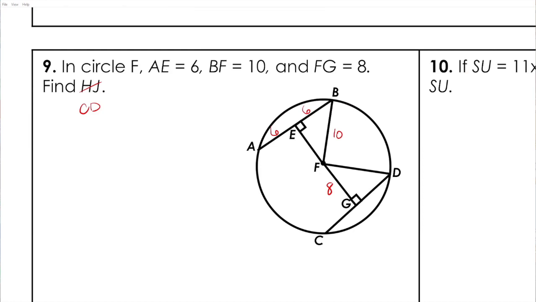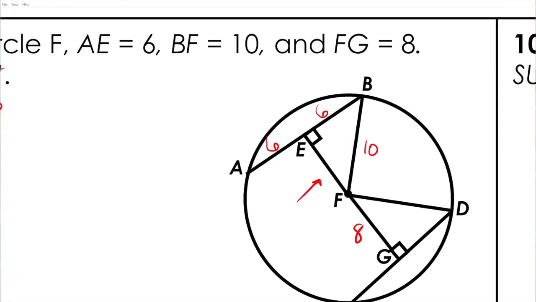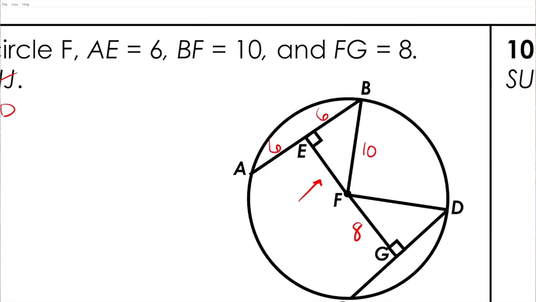Okay, so we got 6 and 6 because it's perpendicular, it's bisected. I guess we can verify that EF is 8. How can we figure out that EF is 8? But we don't know that it's equidistant yet.